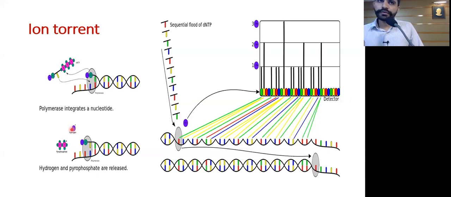For example, we use ATP, and if hydrogen is released and detected, it means at the template strand was T. And similarly, if no hydrogen is released and detected, it means the nucleotide complementary to that nucleotide was not present in the template strand.